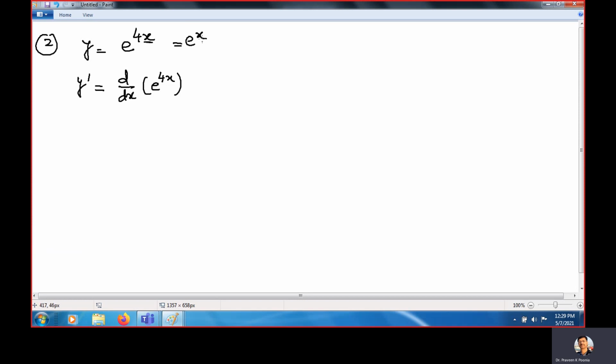The derivative of e power x is e power x, but it is e power 4x. So what you need to do? First, the derivative of e is e power 4x. Then, dear friends, you need to calculate the derivative of 4x because it is different from x. Different means whatever is the function, you need to differentiate it also.